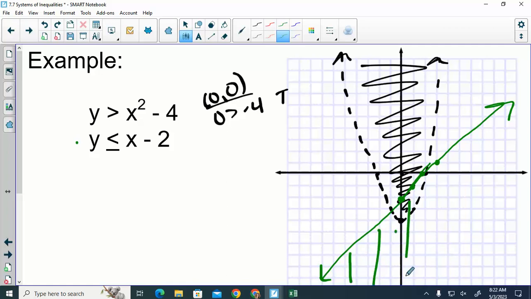Less than is below, or if you do 0, 0, it doesn't work. So our solution is this little bottom part of our graph.